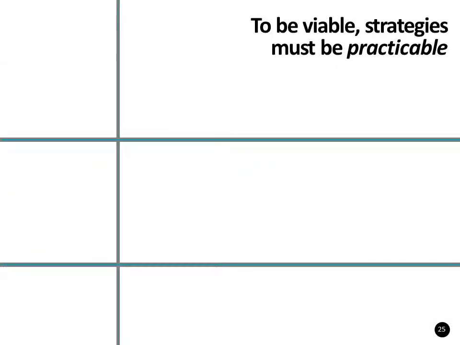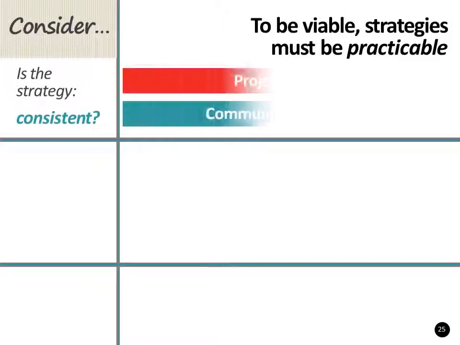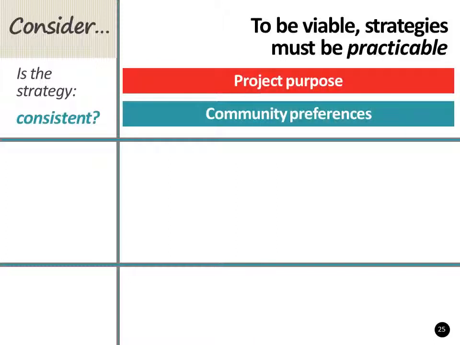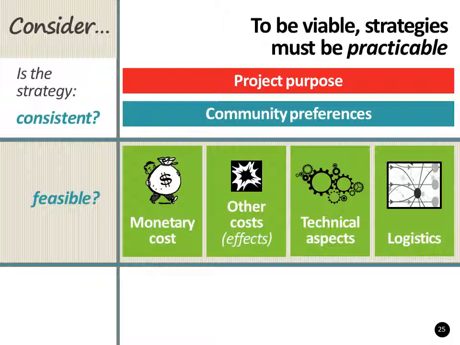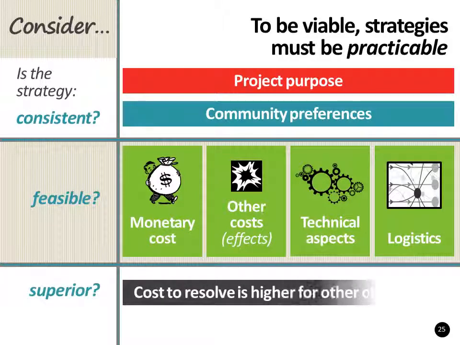And finally, to be viable, strategies must be practicable, that is, available and capable of being done, taking into consideration consistency with the project purpose and community preferences, feasibility in terms of monetary and other cost, technical aspects, and logistics, and superiority relative to cost to resolve the effect for other project alternatives.